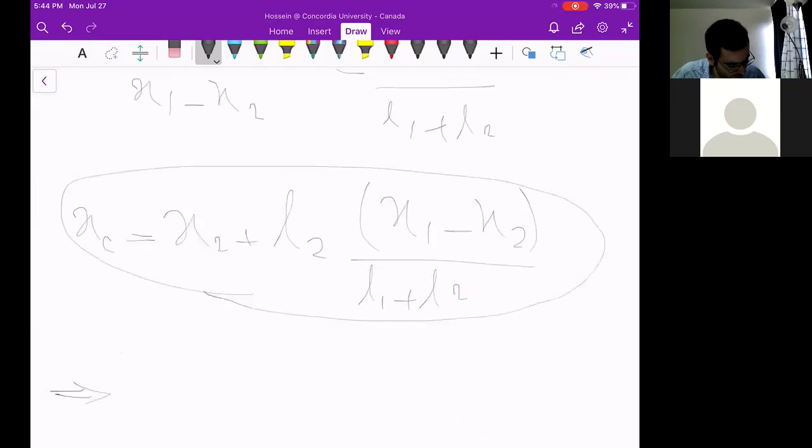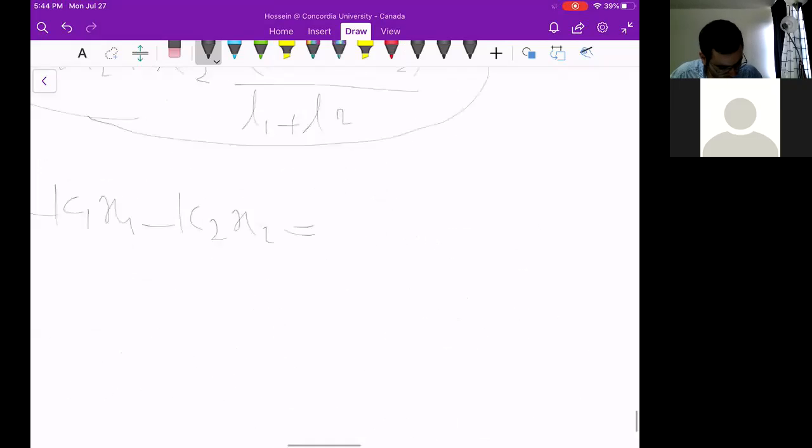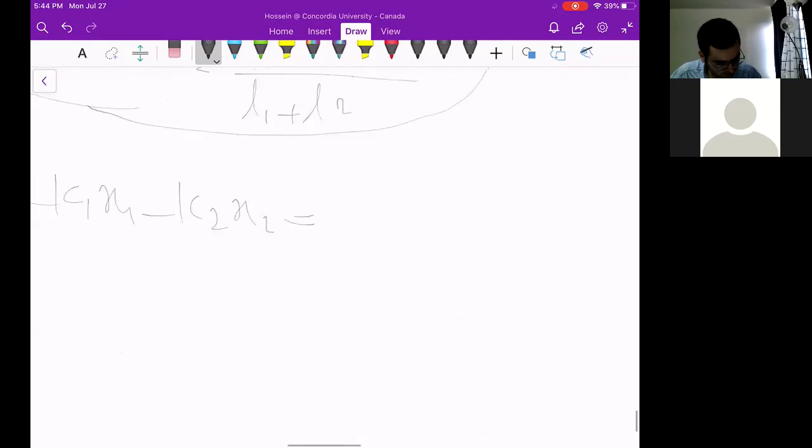Therefore, -K1 X1 - K2 X2 would be M[X double dot 2 + L2/(L1 + L2)(X double dot 1 - X double dot 2)].